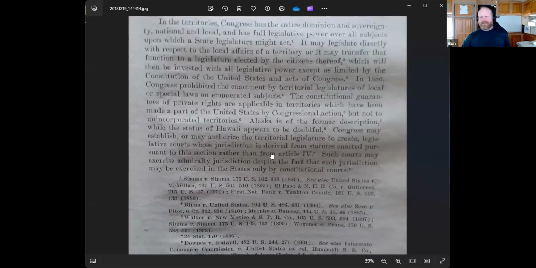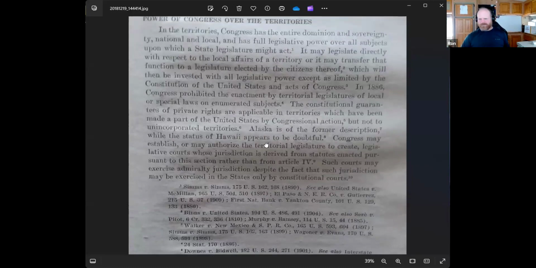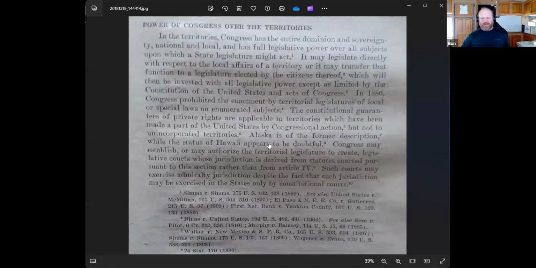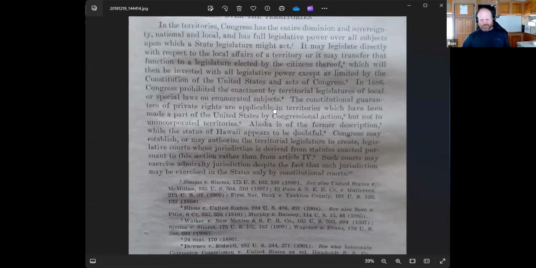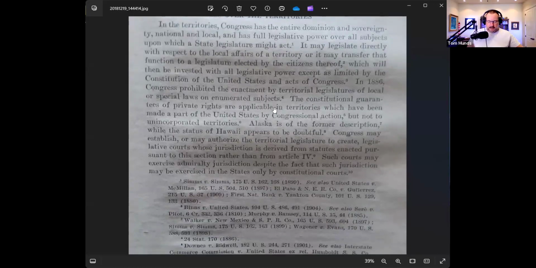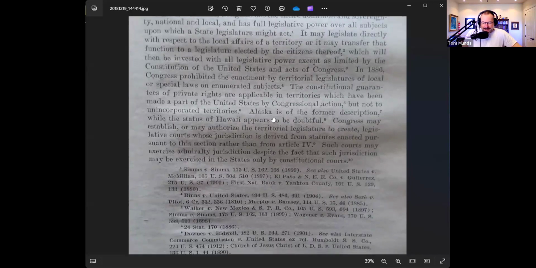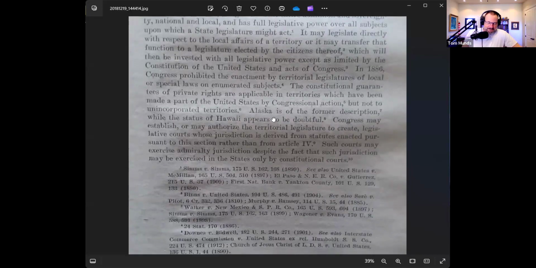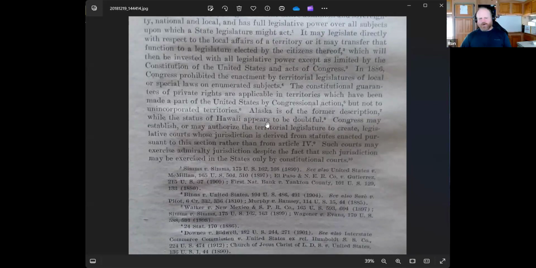Well, the guys out in the field don't understand this very well, but the people who run the administrative agencies are aware of this situation. Oh. Well, that's great. We've empowered these agencies to know more than we do. That's fantastic. While the status of Hawaii appears doubtful, meaning that it was doubtful when this was written in 52 that Hawaii was incorporated.